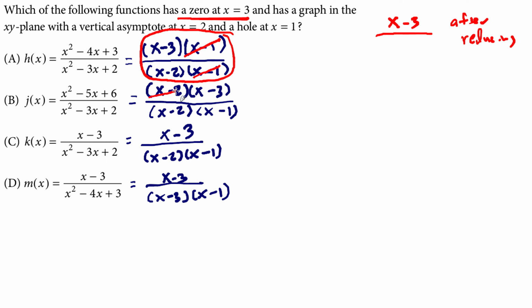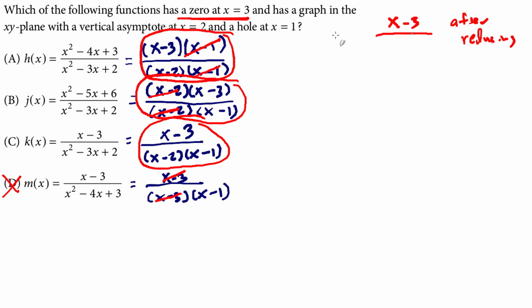When I reduce this one down, I still have an x minus 3 in the numerator. When I reduce this one, it doesn't reduce. I still have an x minus 3 in the numerator. But this one, when I reduce it down, does not have an x minus 3 in the numerator, so that does not have a 0 at x equals 3.